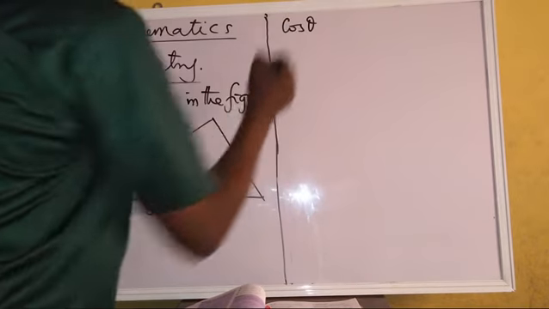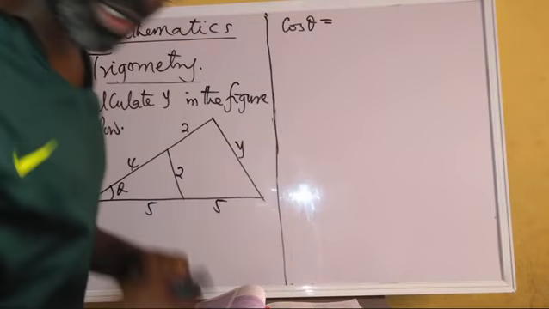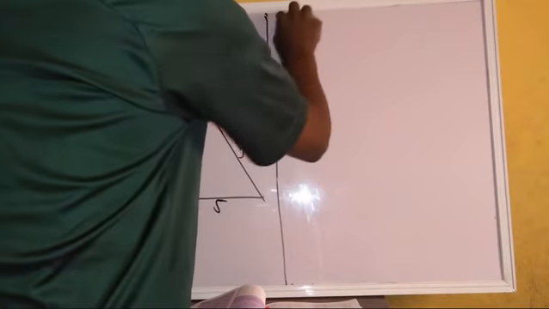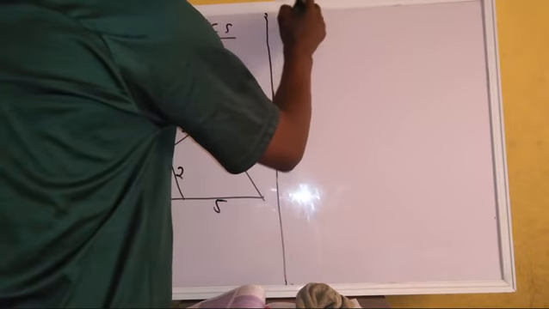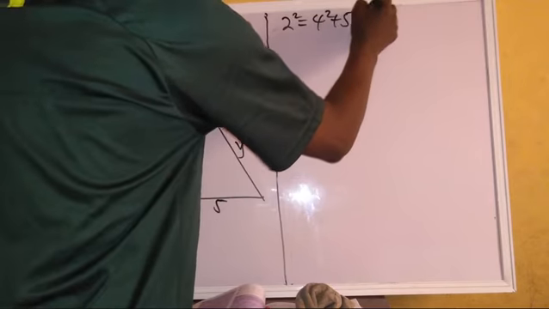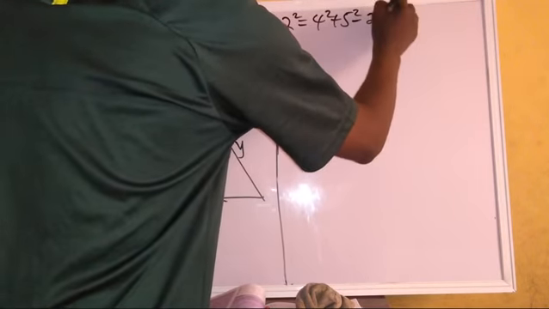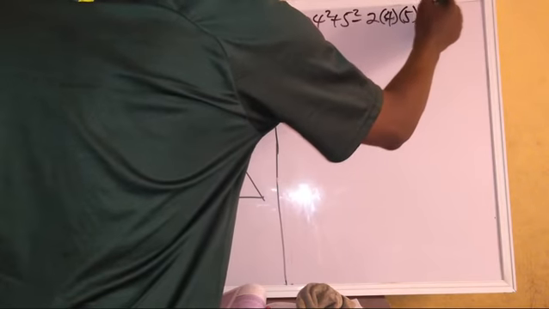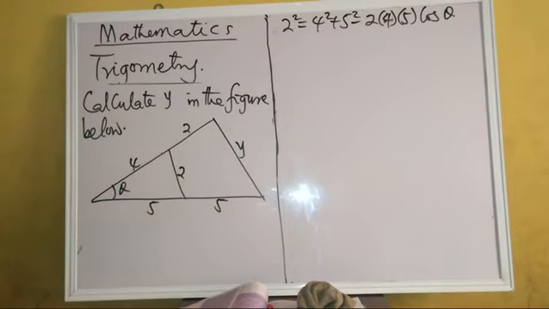So in the smaller triangle, the way we started the last example, 2 squared equals 4 squared plus 5 squared minus 2 times 4 times 5 cos theta, using the cosine rule.